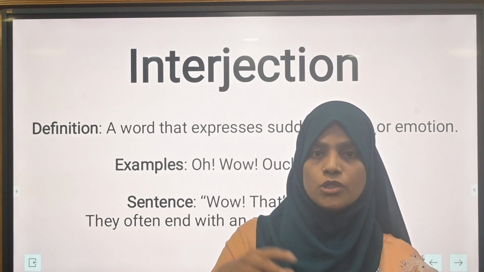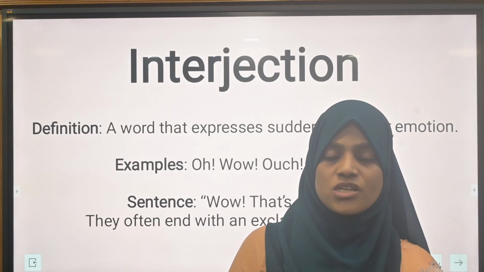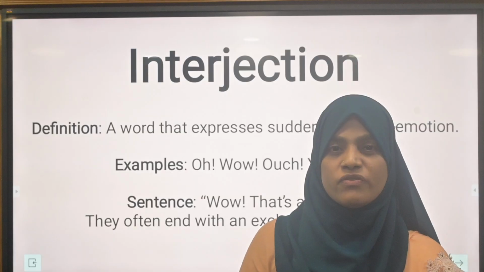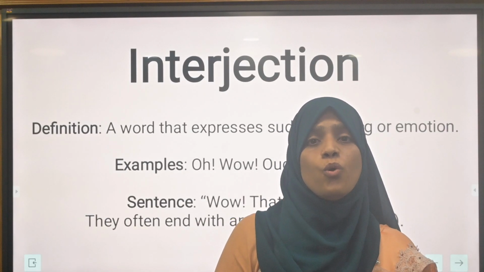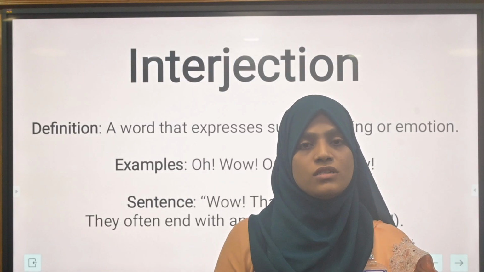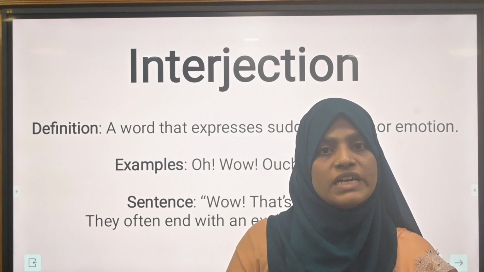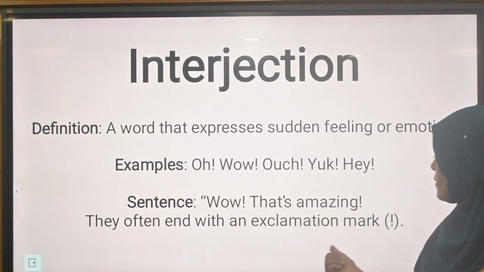When we want to express our sudden feeling, we use an interjection. We can use it in sentences: Wow, she looks beautiful. Yuck, it is very ugly. Oh no, I lost my bus. So these are all interjection sentences. Whenever we use an interjection, the sentence ends with an exclamation mark.